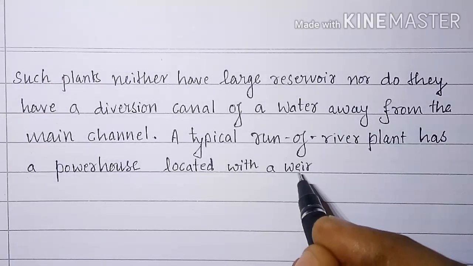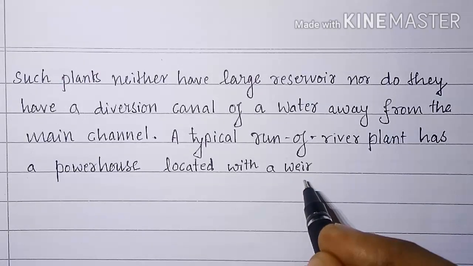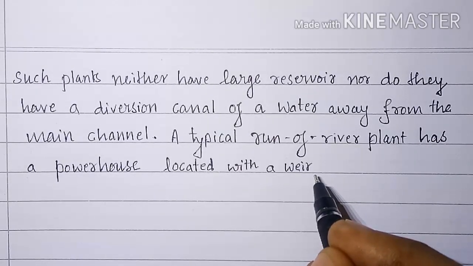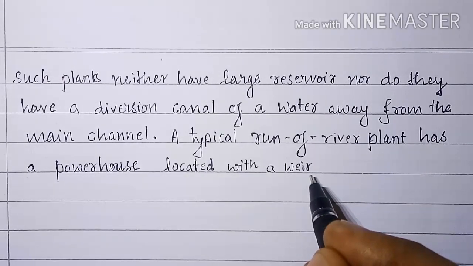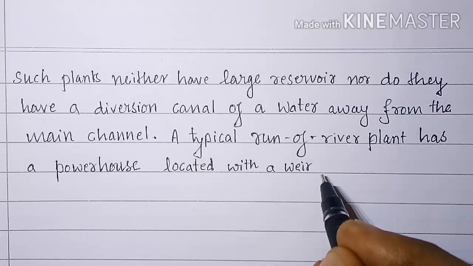Weir means small sized barrier, it is across the river, behind which water can be stopped, but it will not store large quantity of water.